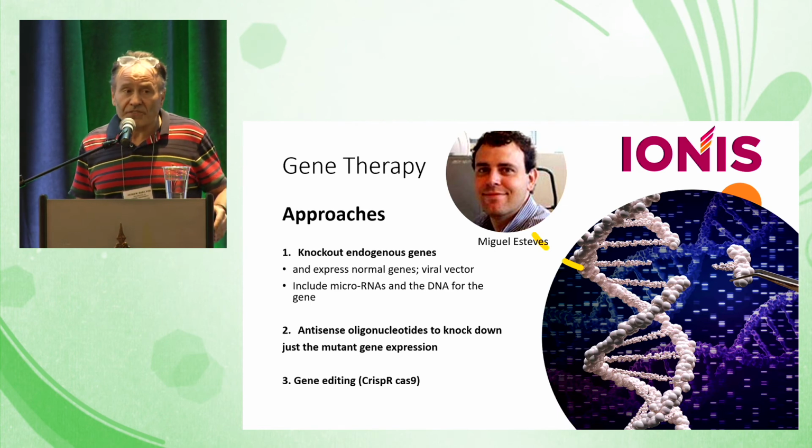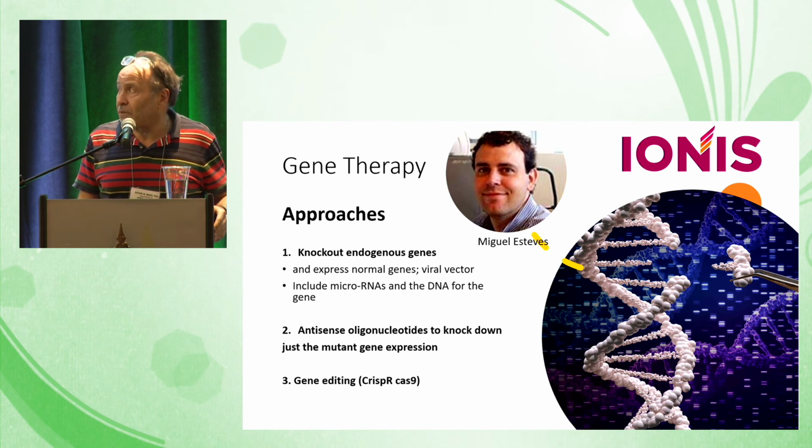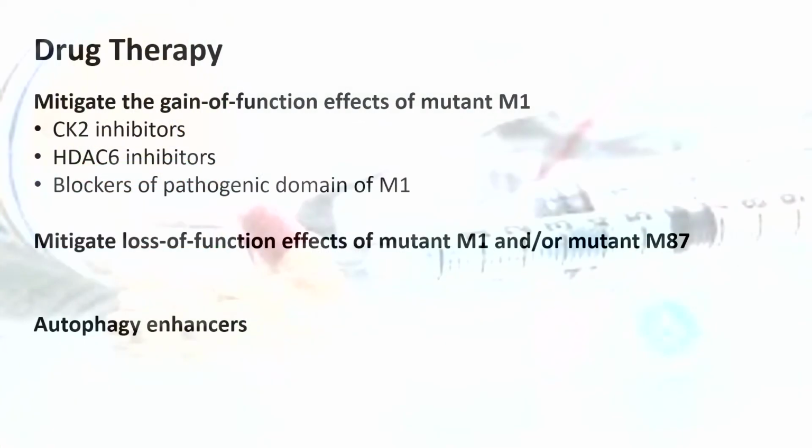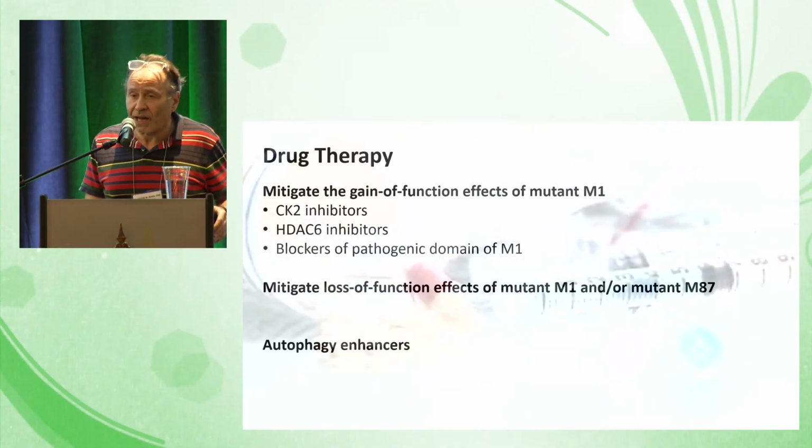So these are the sorts of things that are going on that I think are exciting. And again, with the drug therapy, CK2 inhibitors, HDAC6 inhibitors, and autophagy enhancers that I mentioned before, and different loss of function avenues we can take exploiting our knowledge of that.